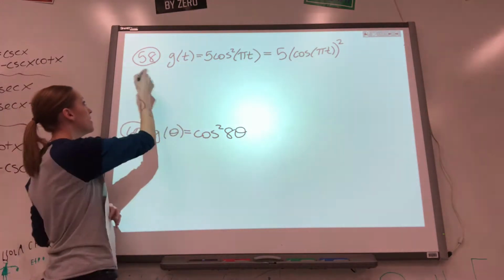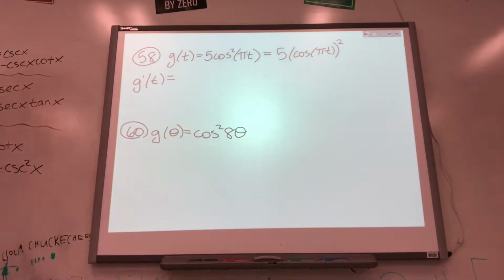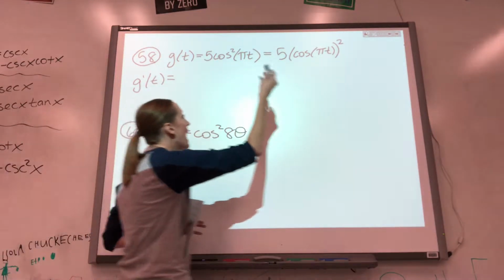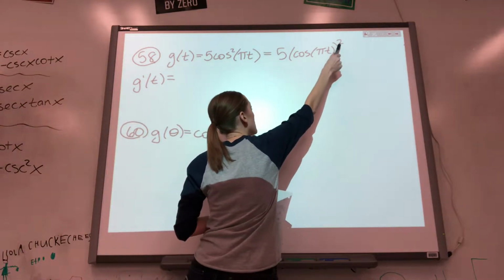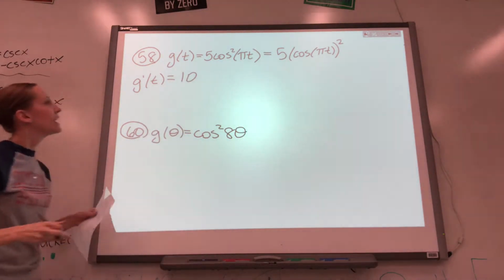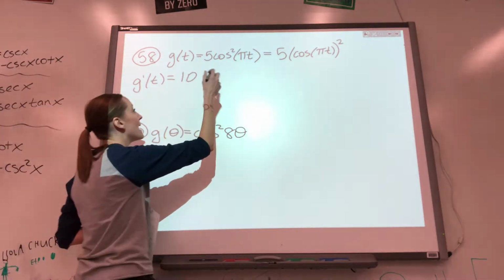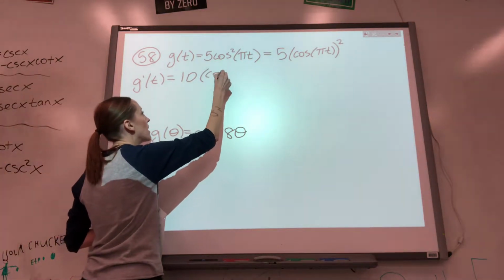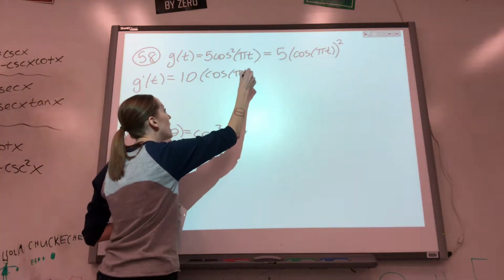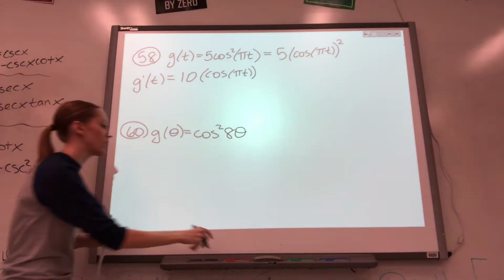To start my derivative, this is going to be like the chain rule. I'm going to have to start by pulling my power out front. And so I would take that 5 times the 2 and make it a 10. Make my new power 1 less, so now that's to the first power.